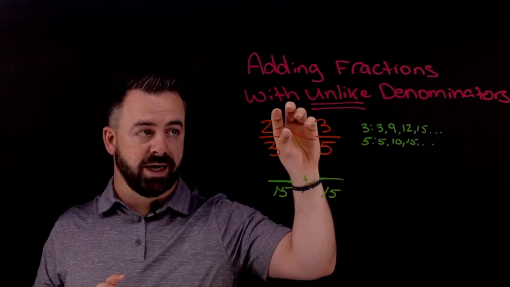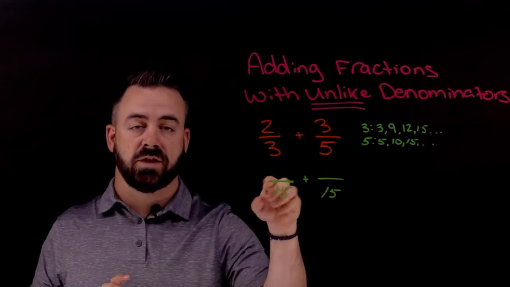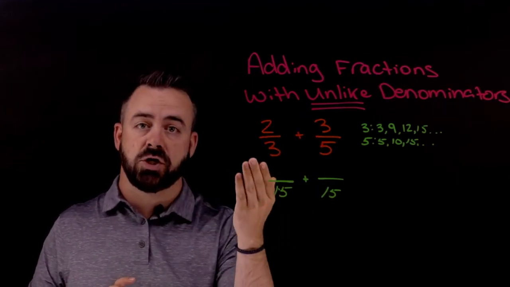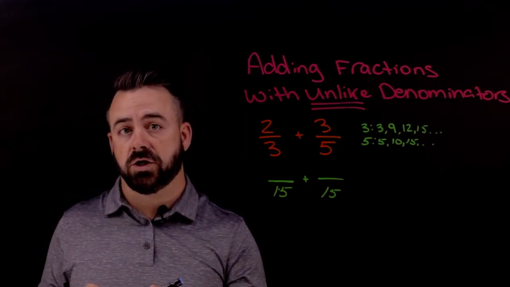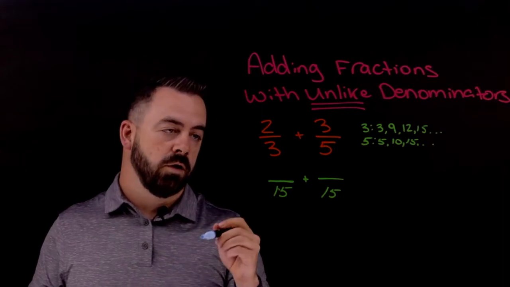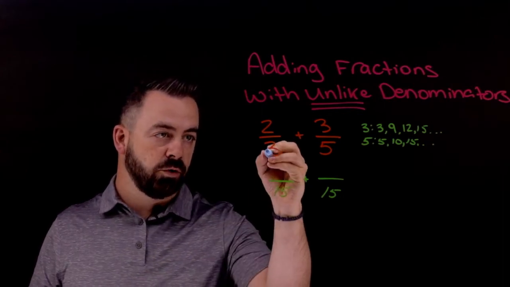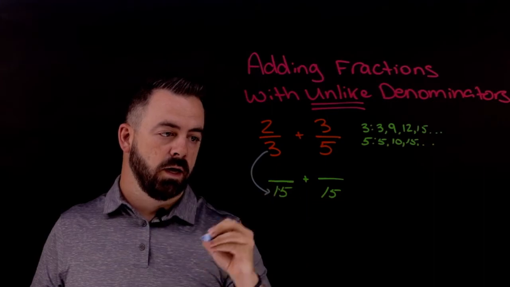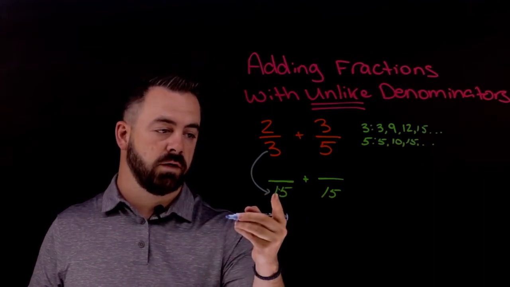Meaning I can't adjust the fraction so that the answers are different. I need it to be 2/3. I'm now just going to write 2/3 differently. I'm going to write 2/3 with a 15. So what I did is I took 3 and I multiplied it by 5 to get 15.